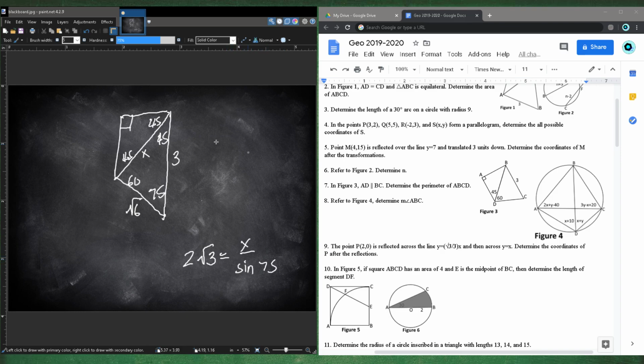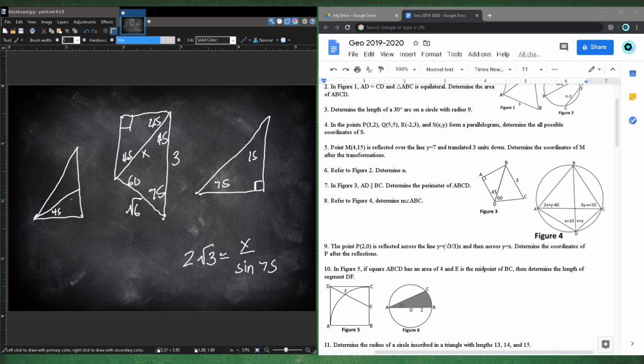Sine of 75 is kind of weird, because if you don't know it, I don't know how you're going to solve it usually. So 75 and 15. There are ways you could do it, but you usually don't like to. How I would like to do it is, imagine you have a right triangle here, right?